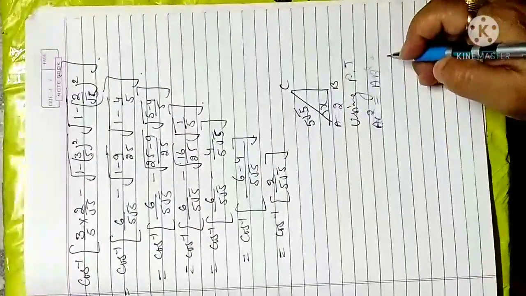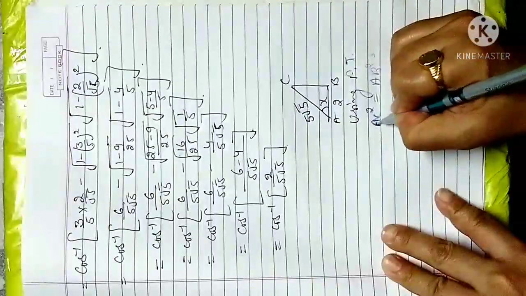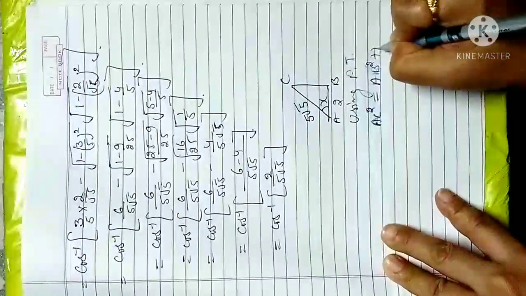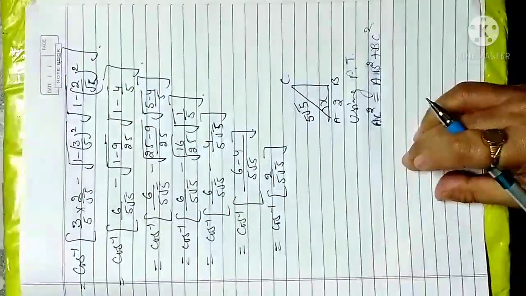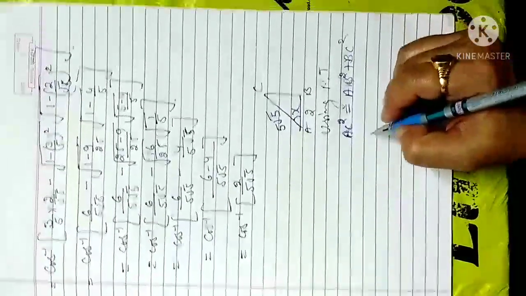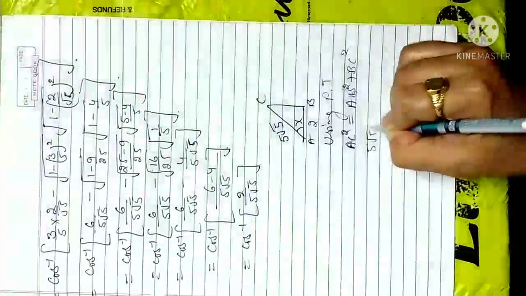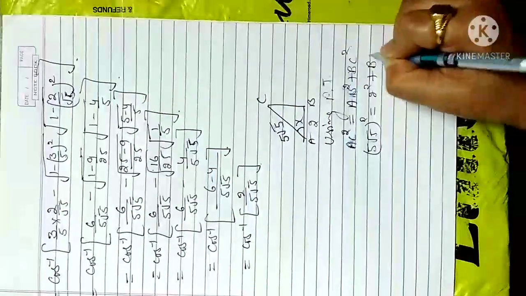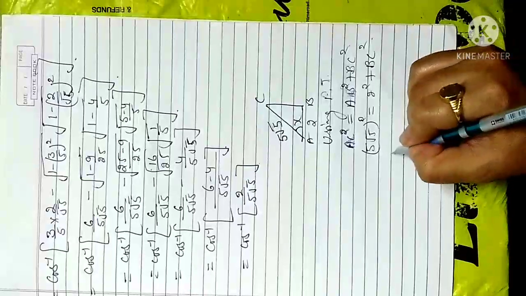So I go with the Pythagoras theorem here. AC square is equal to AB square plus BC square. So my AC value is 5 root 5 whole square, AB is equal to 2 square, and BC square I have to find.